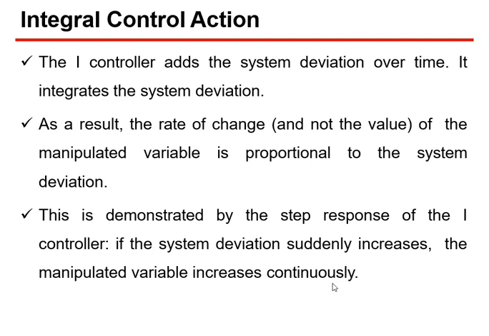Just recall that in proportional control, if there is a sudden deviation, there will be a sudden spike, a sudden increase in the gain at the output. But in the case of integral, if the system deviation suddenly increases, the manipulated variable increases continuously. That is an important characteristic of integral action.